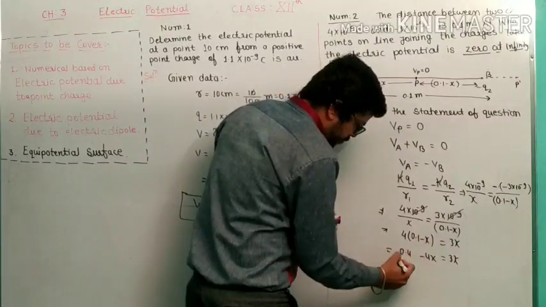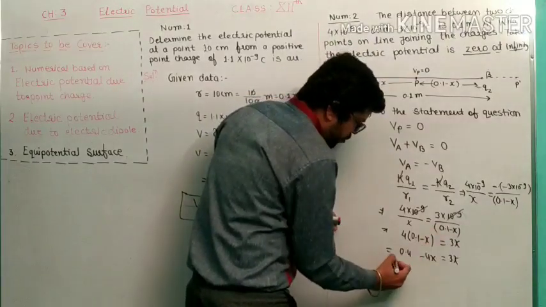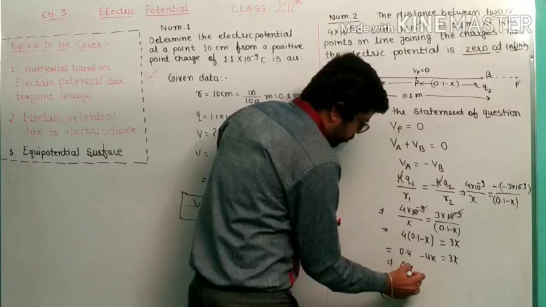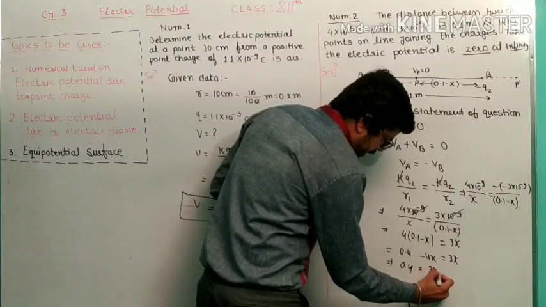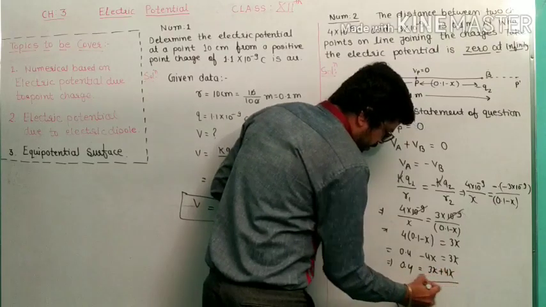Now we have to transpose it, so 0.4 is equal to 3x plus 4x.